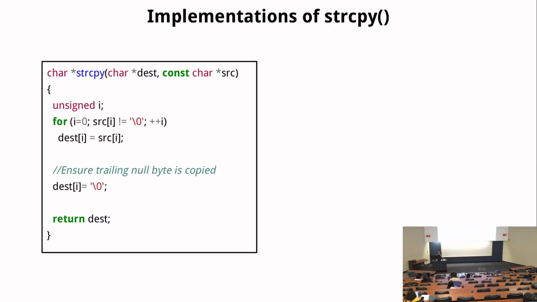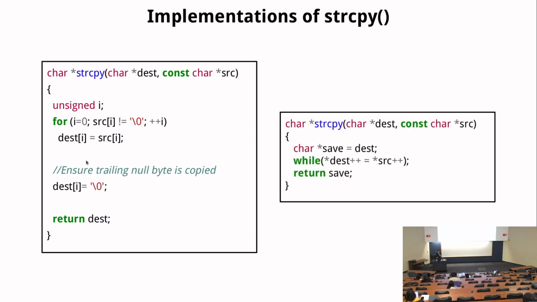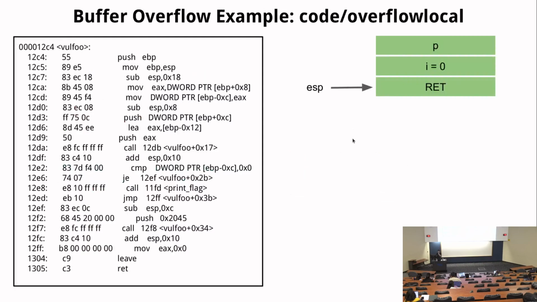It will simply copy the characters from the source to the destination as long as they are not 0. It doesn't care if the destination has enough space for that. This is just one implementation. Some people prefer shorter implementations. You can implement it like this, only 3 lines. You can implement this insecure function.